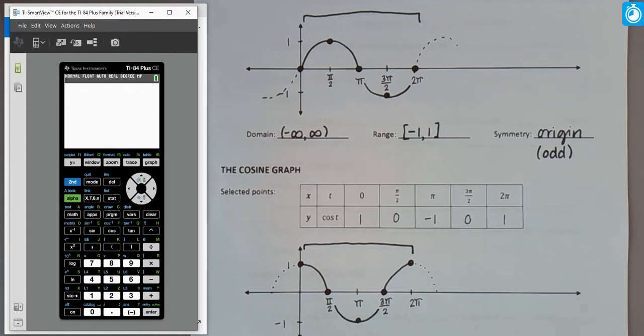Now, anytime we evaluate a trig function using the graphing calculator, the place we need to start is with our mode. We have to keep in mind, because we're inputting angles, angles can be represented in a variety of ways. So we have to make sure that our calculator knows what type of angle measure we're looking at here.